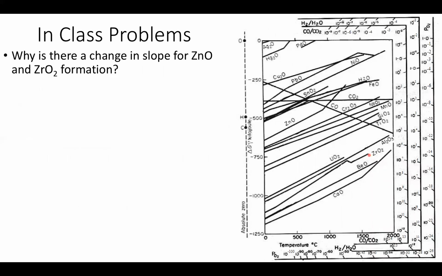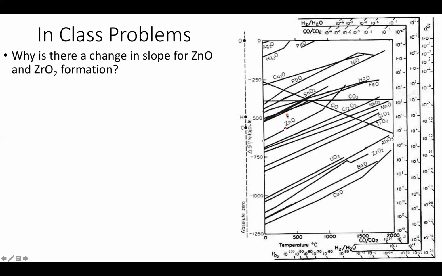So let's take a look at zinc oxide and zirconium oxide, and we may see some interesting behaviors. This is kind of a more reduced notation for an Ellingham diagram, simply due to the fact that there is a lot of species present.